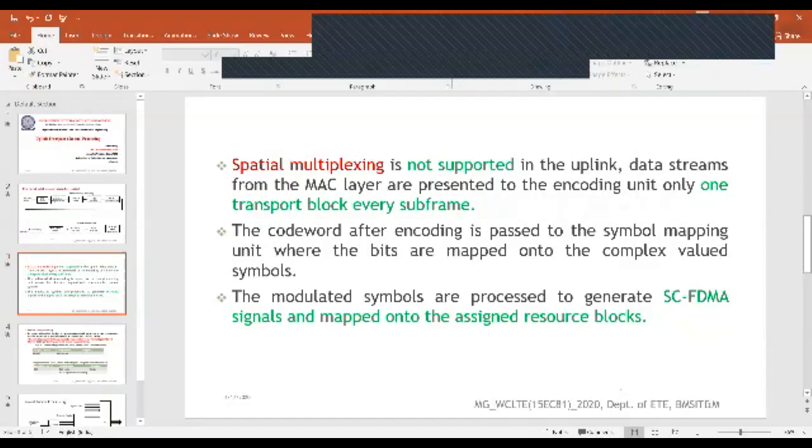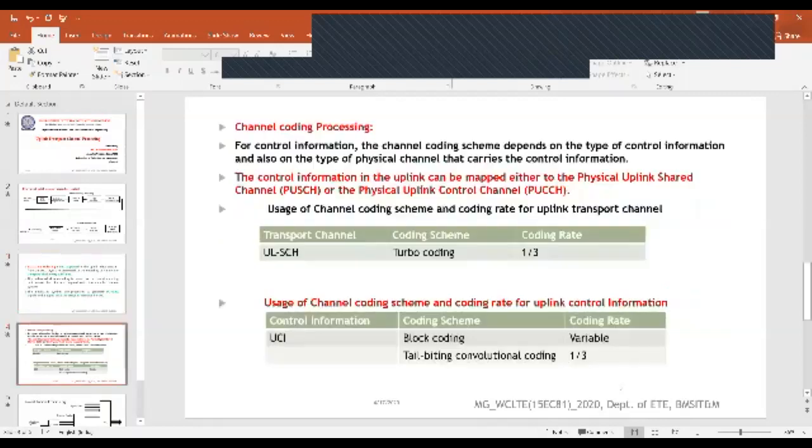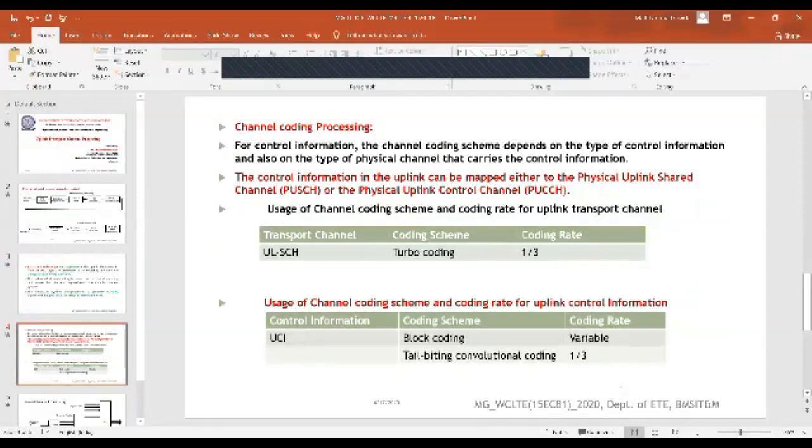Okay. So, as I said, in this channel coding processing, for control information, the channel coding scheme depends on the type of control information and also on the type of physical channel that carries the control information.